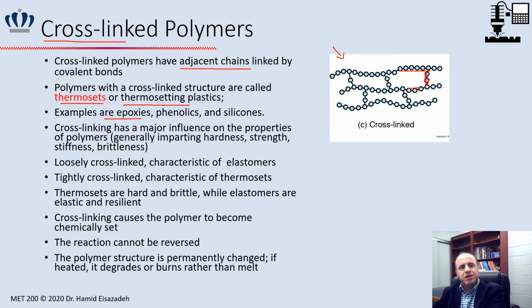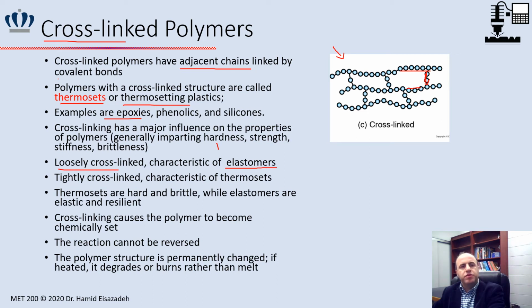And cross-linking actually has a major influence on the property of the polymer. It makes the material hard, and the strength of this material is going to be higher than the polymer with a linear structure. If you have a loose cross-link, then the property is going to be similar to an elastomer.